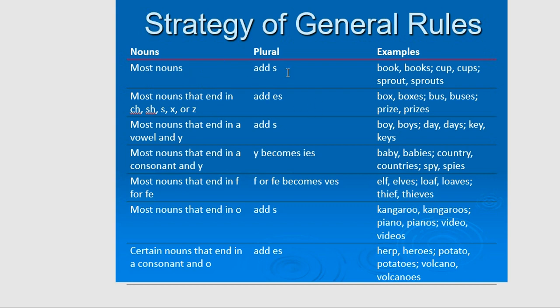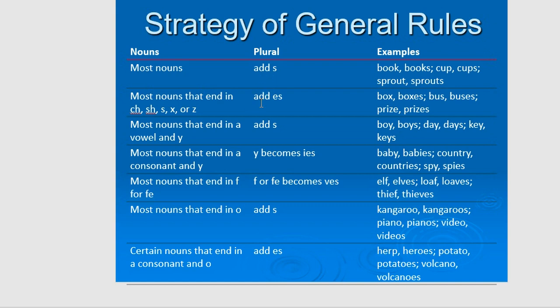Most nouns add s. If we ask any student all over the world how we can make a word plural, he or she will answer directly: we can add s.